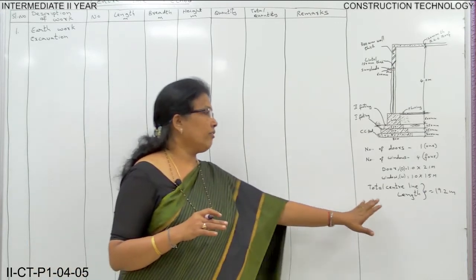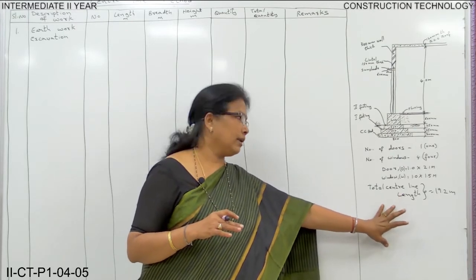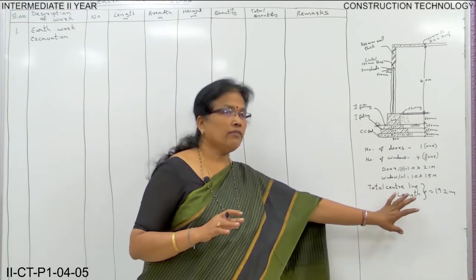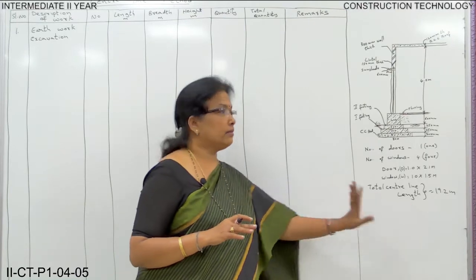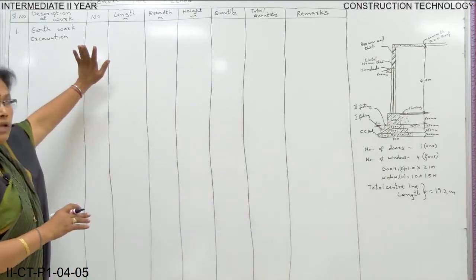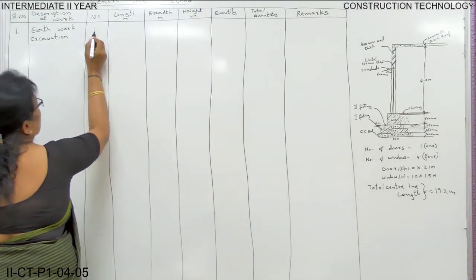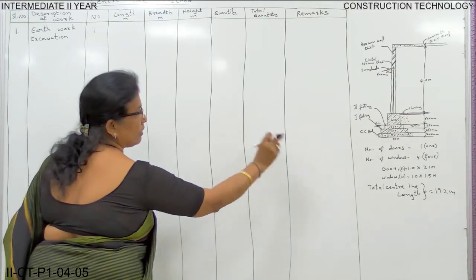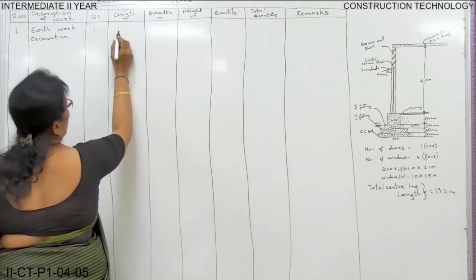But here we have calculated the total center line length. So directly we will take the center line length. So in number we have only 1. So the length of the line is how much? 19.2.